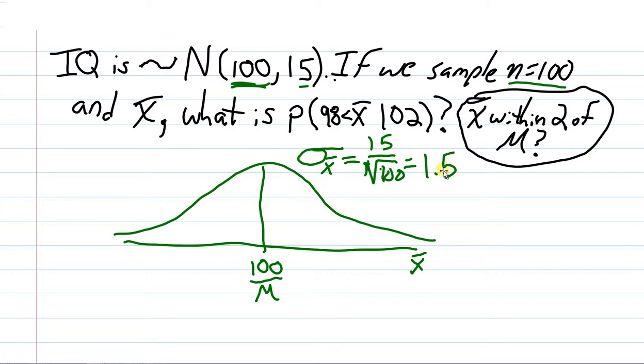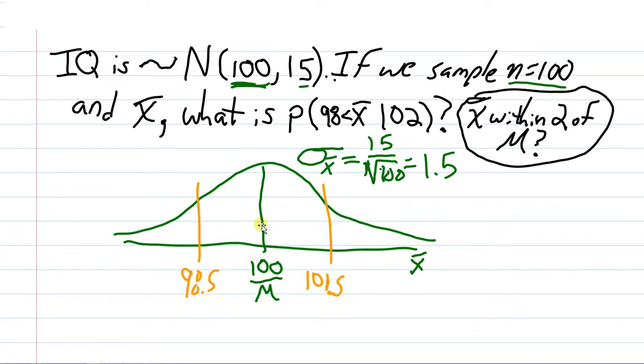So that means that when we look at this normal distribution for where do I think my sample averages will be, one standard deviation below is 98.5, 1.5 below, and one standard deviation above is going to be 101.5, and 68% of the time our sample means should be in this range, all right?